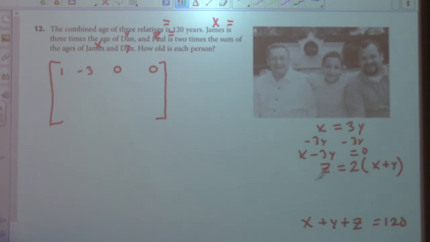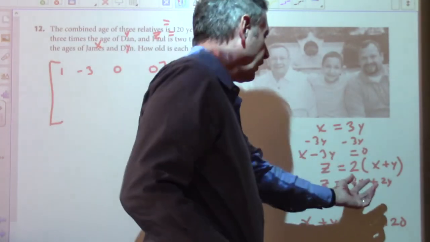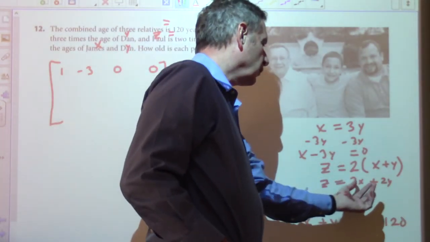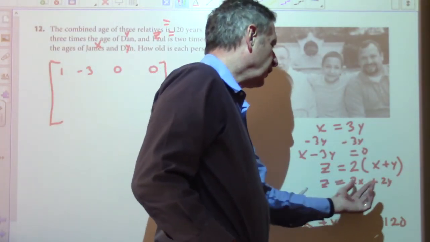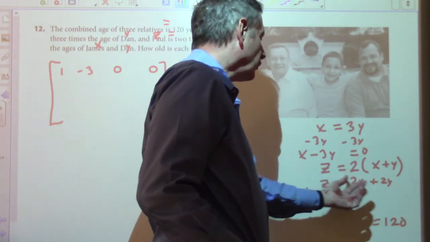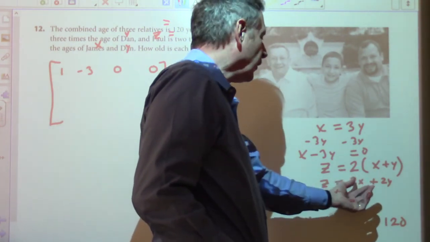And the second one, we have z equals 2x plus 2y. And how do we go ahead and fix this one here? Anytime you have an equation, you can get rid of these by taking them over to the other side of the equal sign and making them what?